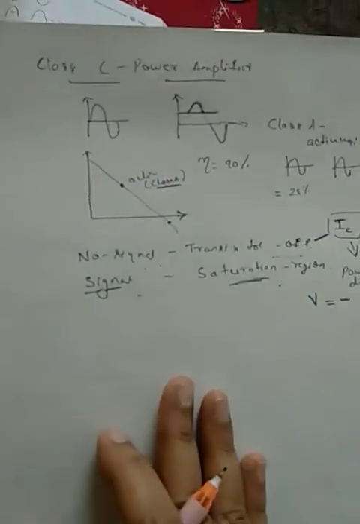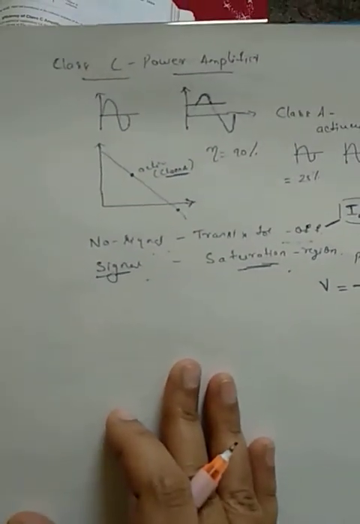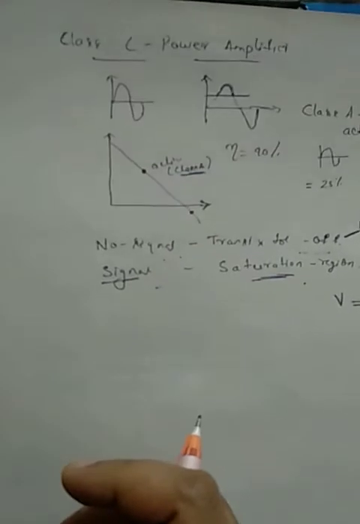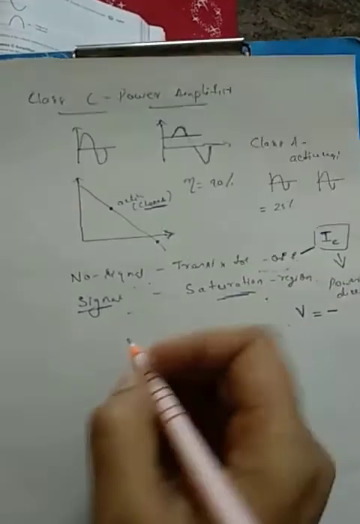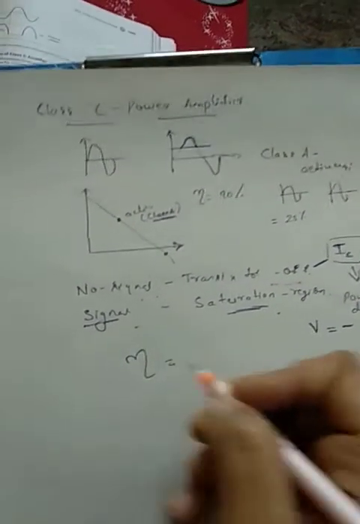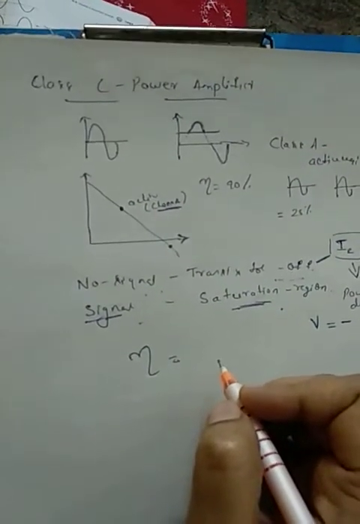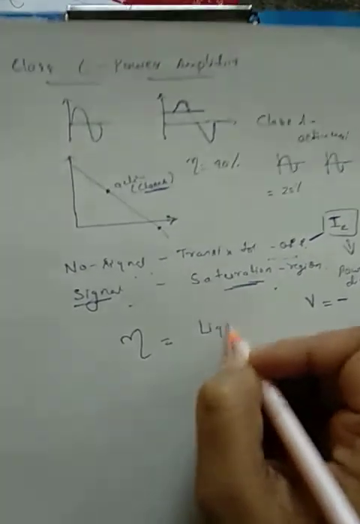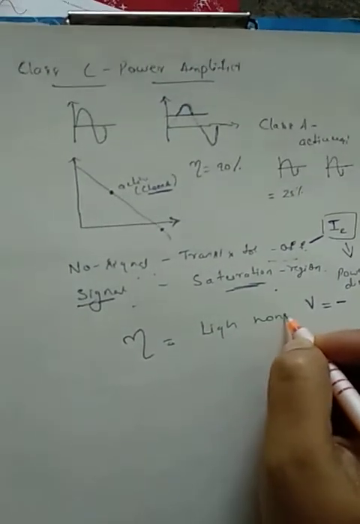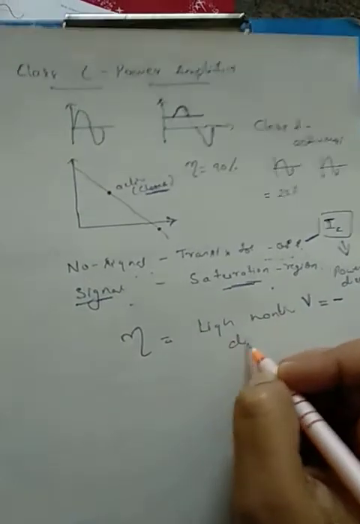Hence we can say the efficiency of a class C amplifier is higher than that of a class A amplifier. The class C amplifier has a good efficiency, but it has a highly non-linear output, that is, distortion is more.